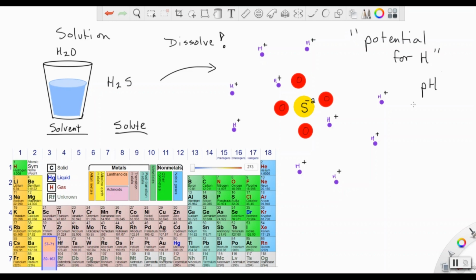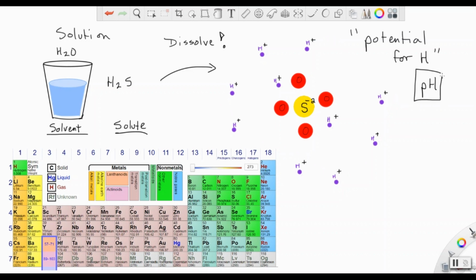Now, in fact, it does not make a larger pH number. The scale's upside down, so actually it decreases the pH. It's a little weird, but the more hydrogens you get in your solution, the lower the pH.